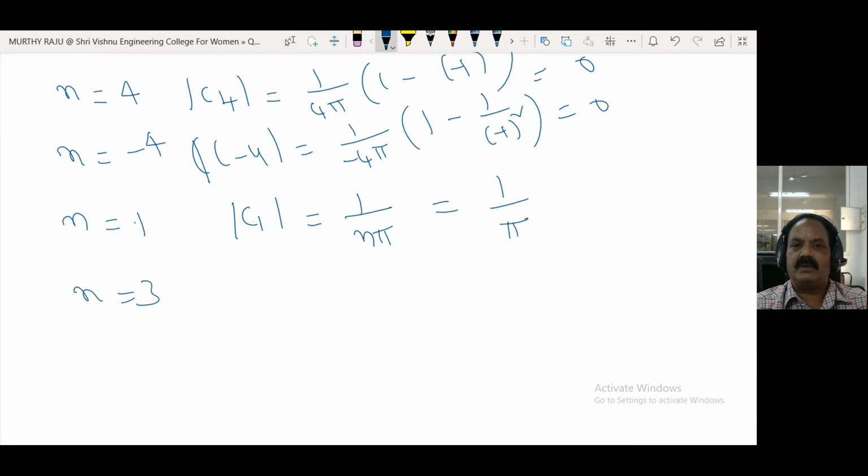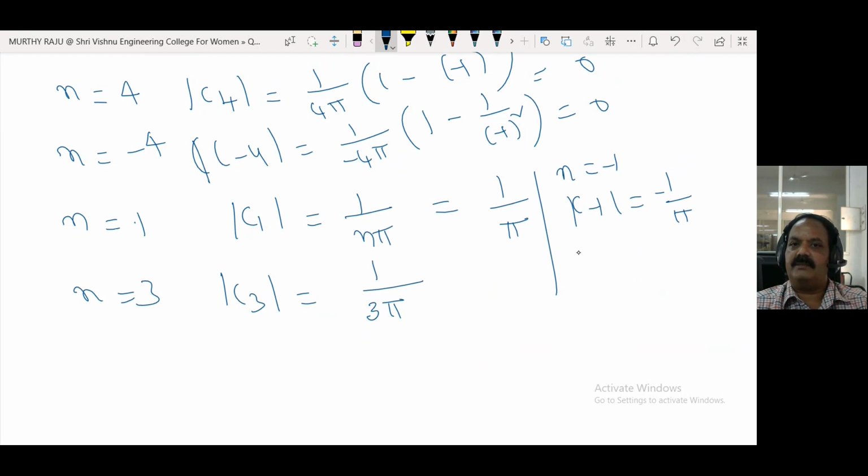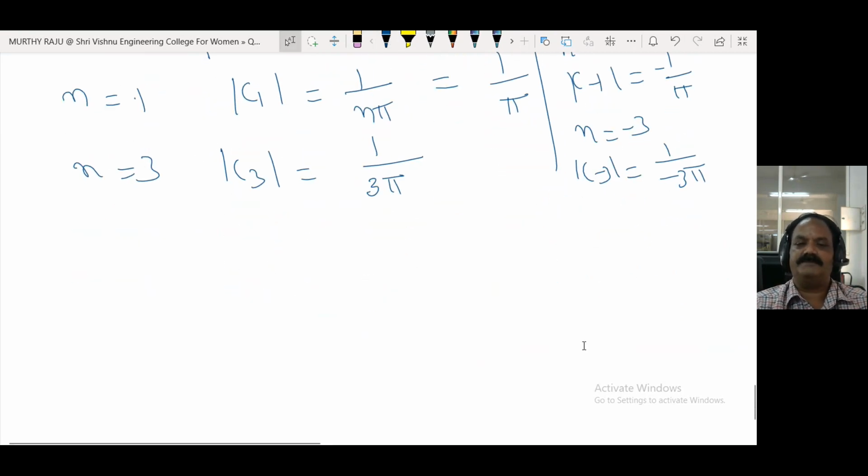N is equal to 3, C3 is 1 by 3 pi. N is equal to -1, C minus 1 is 1 by -pi. N is equal to -3, mod C minus 3 is 1 by -3 pi. By using these values, plot the magnitude spectrum of that periodic function.